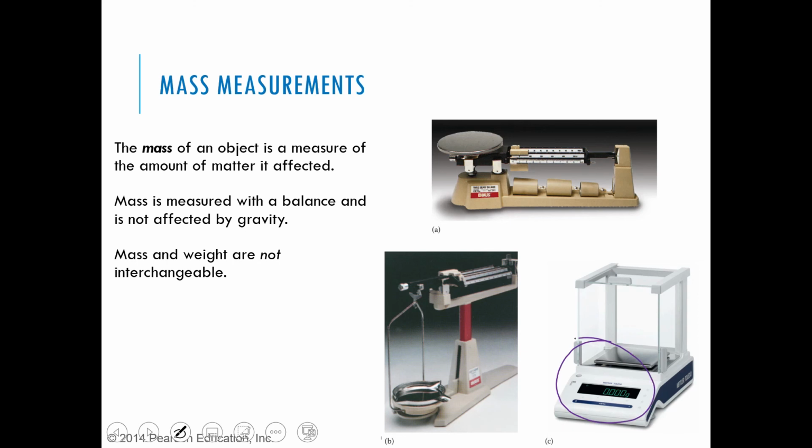With the electronic scale, you just write down whatever it tells you. With the triple beam balance, we would be limited to whatever my measurement is. If it's to the tenth of a gram, then I could estimate to the hundredth of a gram. Electronic balances tend to give us much more precise measurements.